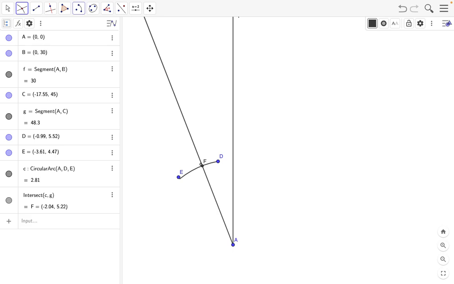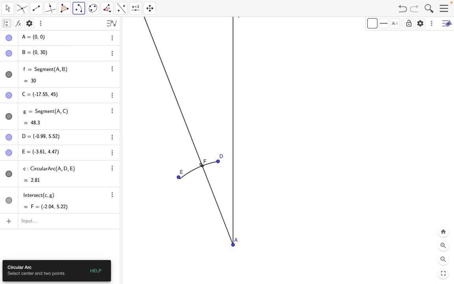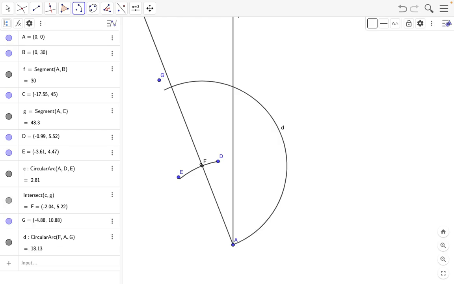Now again I will select this circular arc, taking F as the center. I will draw a circle from this point on this.